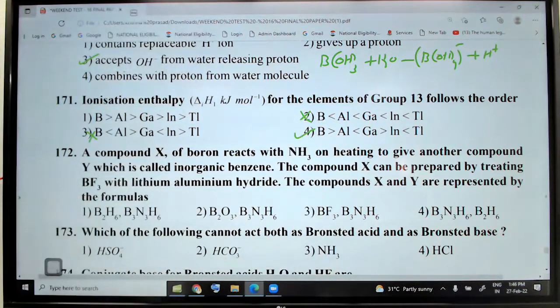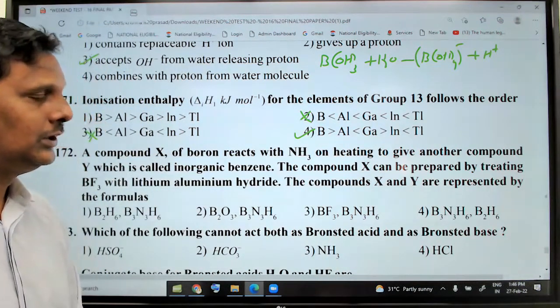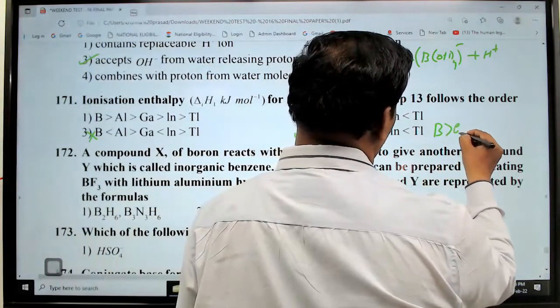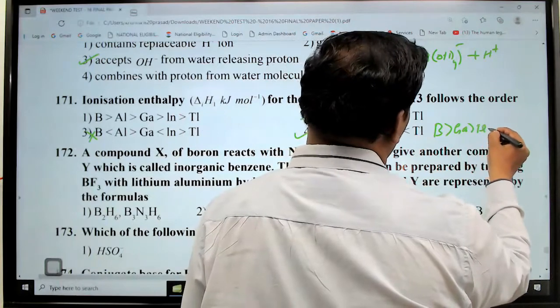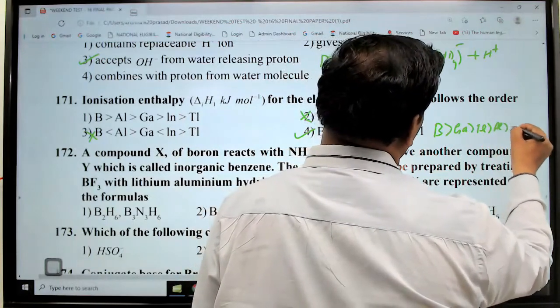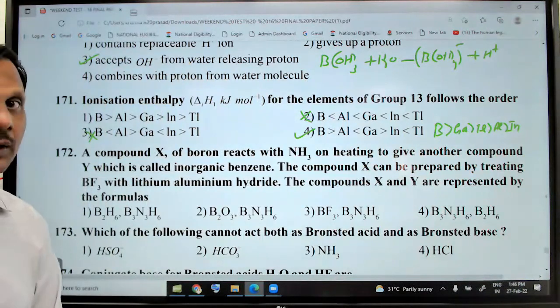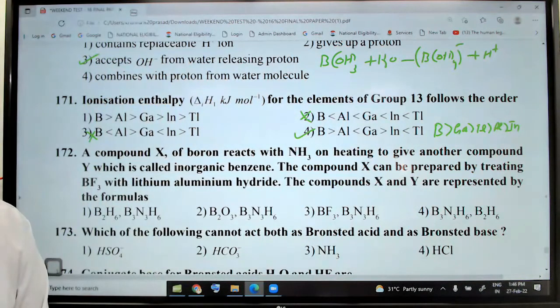Thallium is also higher because of the inert pair effect. Correctly represented, boron is there, next to boron is gallium, next to gallium is thallium, then aluminium, then indium. Abnormality in melting point, ionization enthalpy and atomic radius.